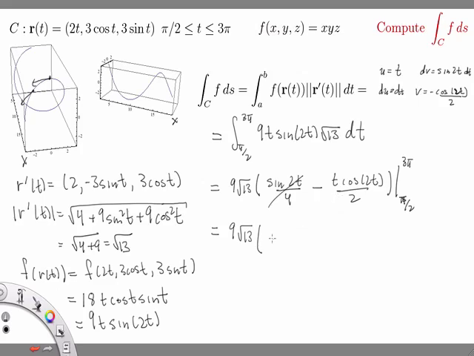So when I plug in 3 pi, I get minus 3 pi over 2 cosine of 6 pi. Then I get plus pi over 4 cosine of pi.